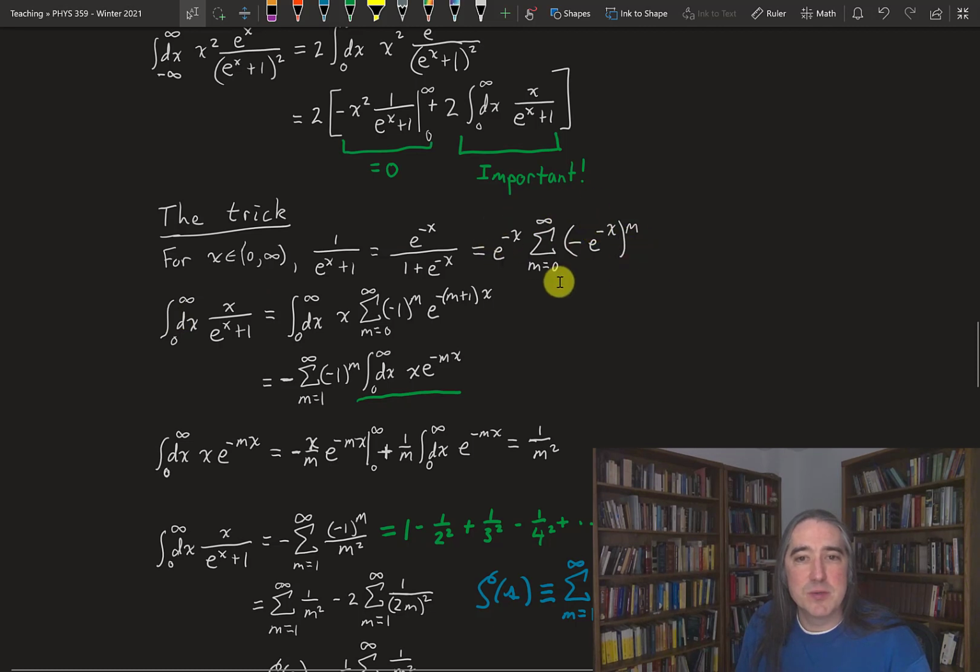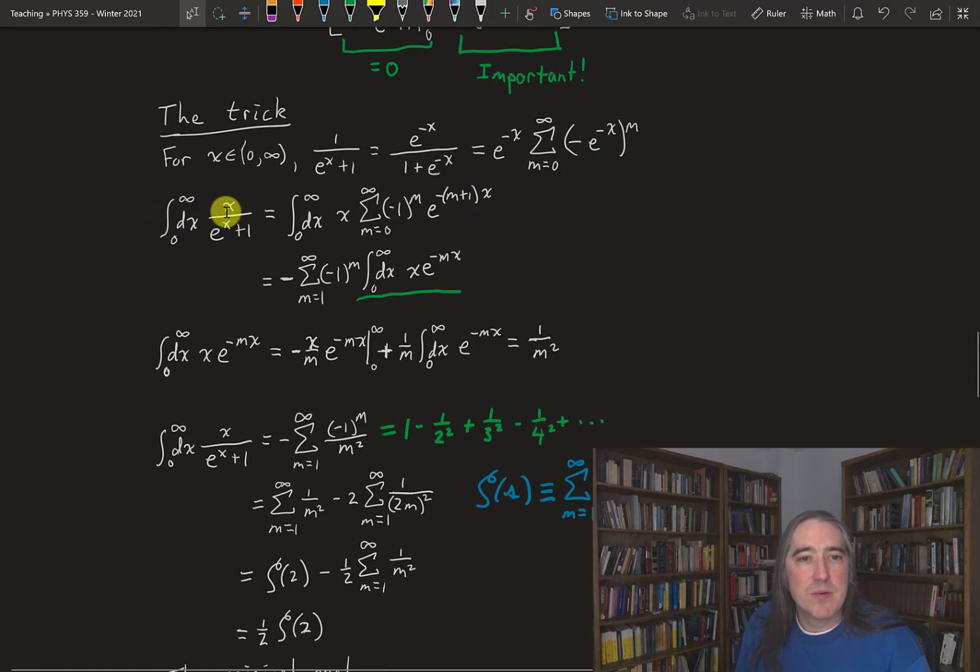So let's use this. Our integral is going to become the integral of x times this thing becomes an infinite sum, right? And I don't want this to be m plus 1. That's messy. I'm also going to do the thing that you should very carefully prove in mathematics that you can do, but you can in this case, which is swap the order of integral and sum.